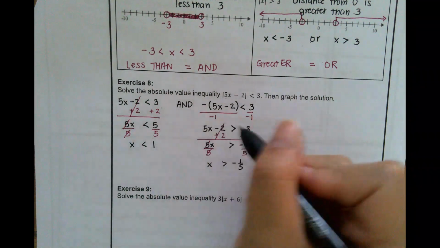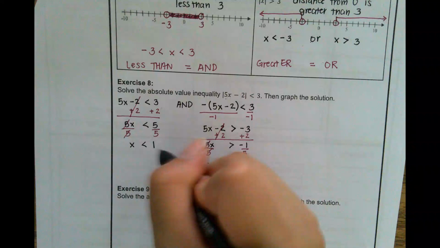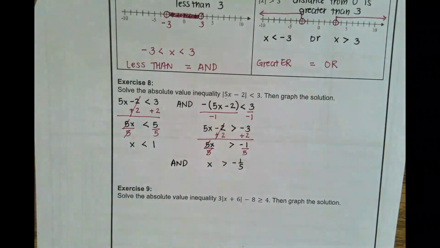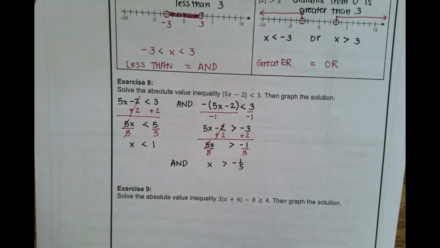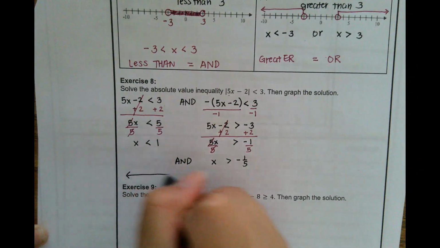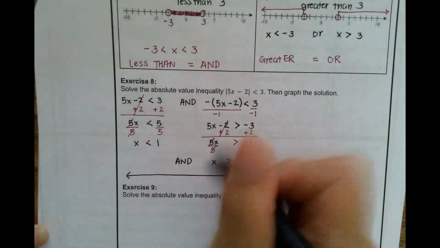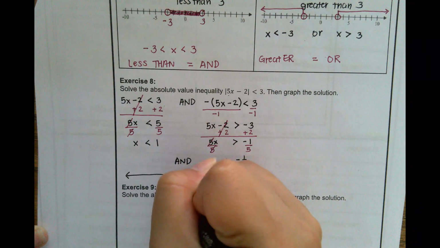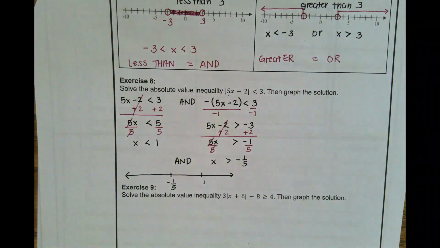Okay, so here it is x is less than 1 and x is greater than negative 1/5. Okay, so let's graph this. Okay. So 1 is here, let's say negative 1/5 is here. So I want x is less than 1.